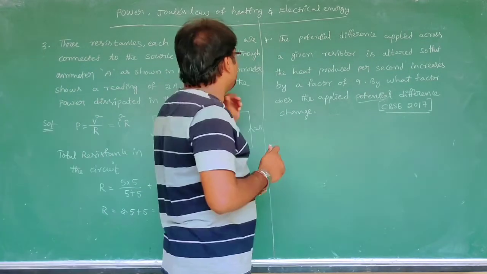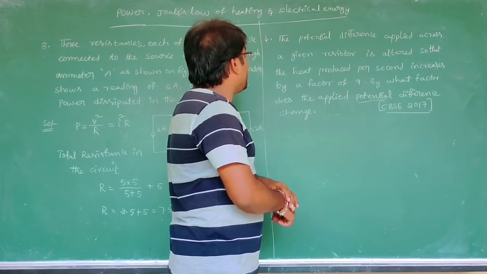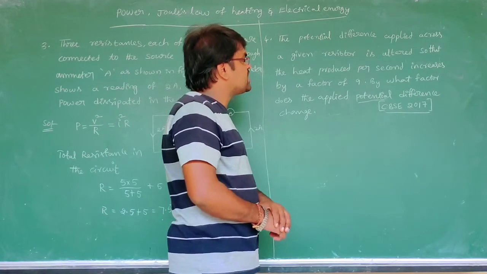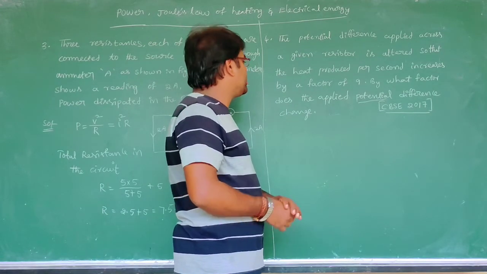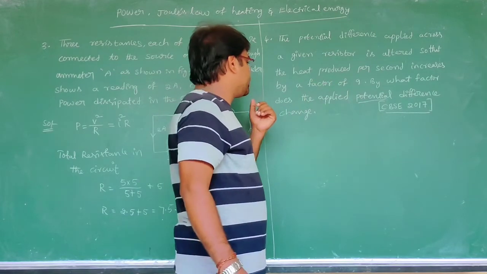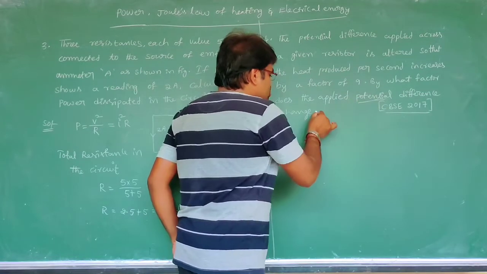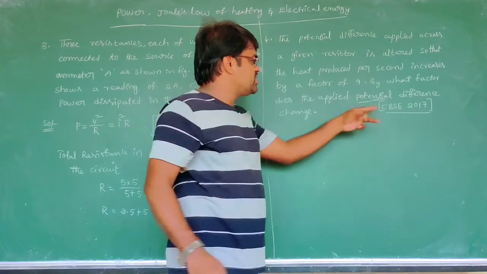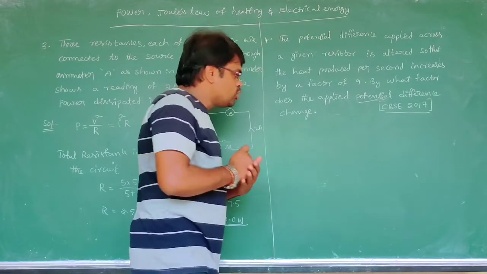Now going to the fourth one. The potential difference applied across a given resistor is altered so that the heat produced per second increases by a factor of 9. By what factor does the applied potential difference change? This question is a CBSE 2017 problem.